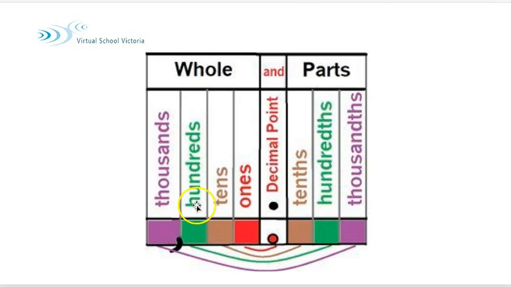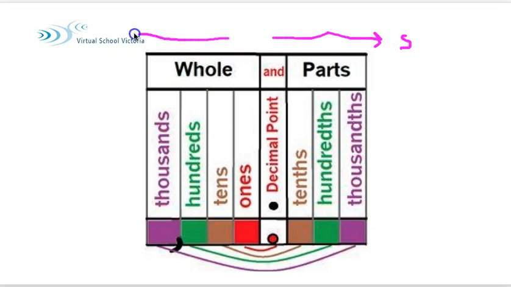On a place value chart, the decimal point always comes between the ones and the tenths. Numbers going this way get larger and larger. Each column is 10 times greater than the previous column. And when we go to the right of the decimal point, tenths and hundredths and thousandths, the important thing to remember is that when you go that way, the numbers get smaller.